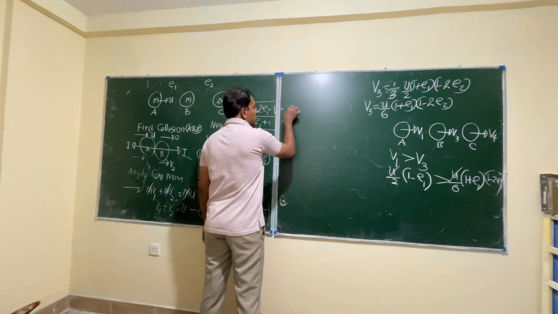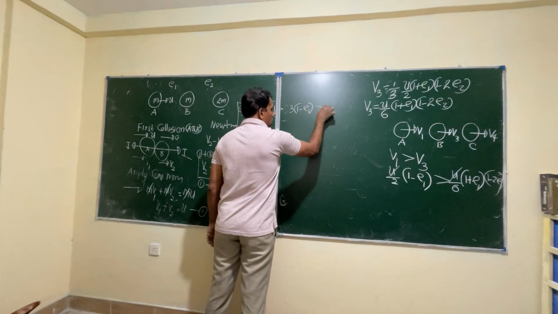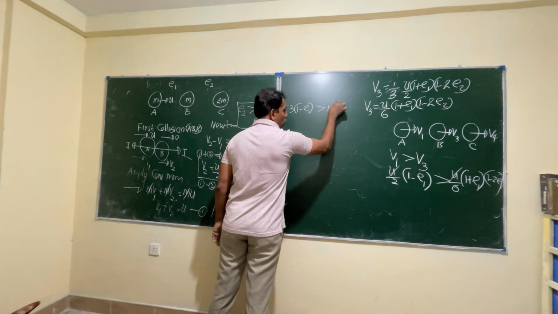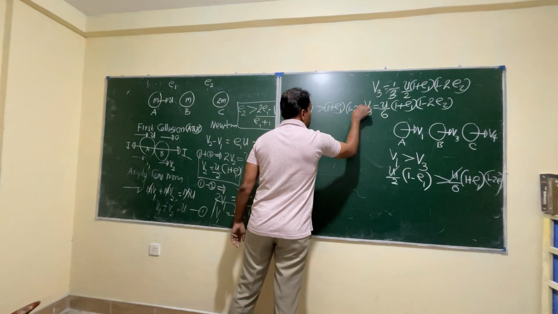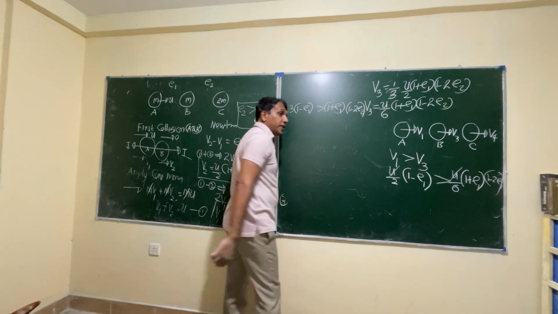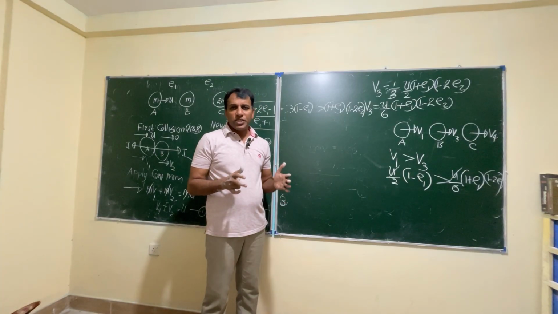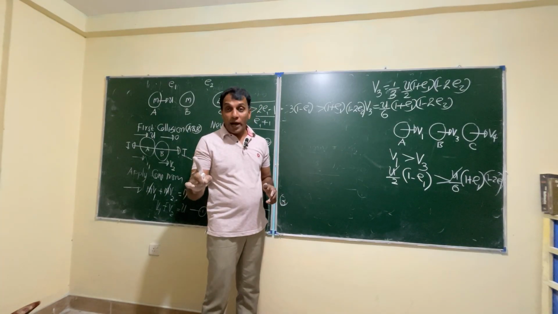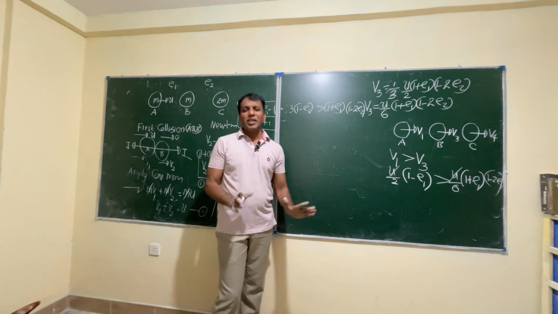Therefore 3 into 1 minus E1, okay, greater than 1 plus E1 into 1 minus 2E2. Here E1 is positive. There are some notes about E coming between 0 and 1. If E comes 1, what happened? If E is 0, what happened? So I won't teach the theory part now.